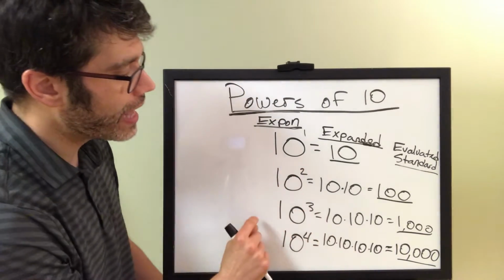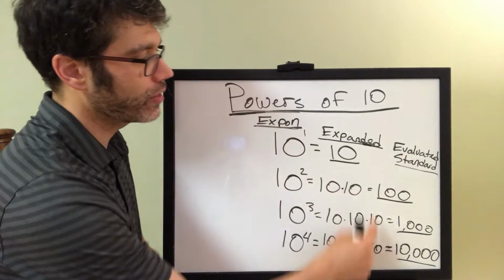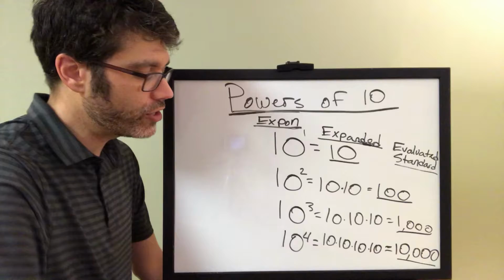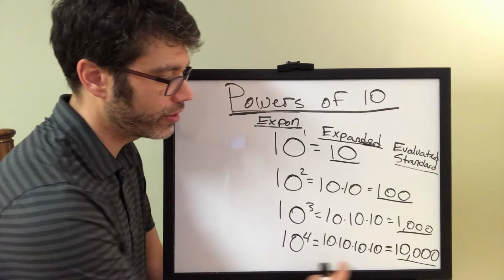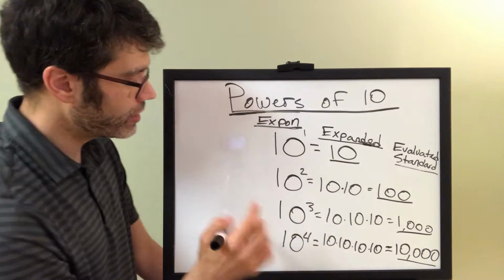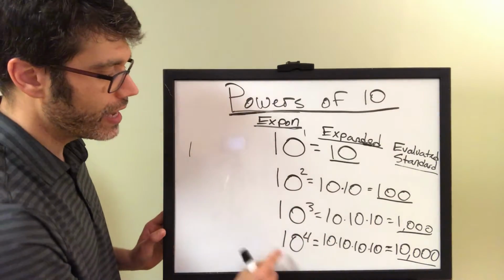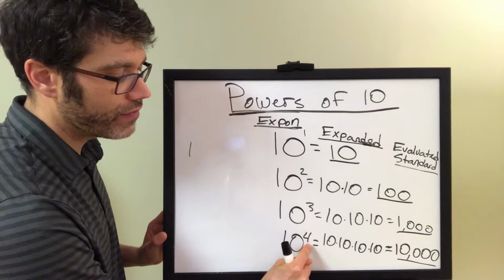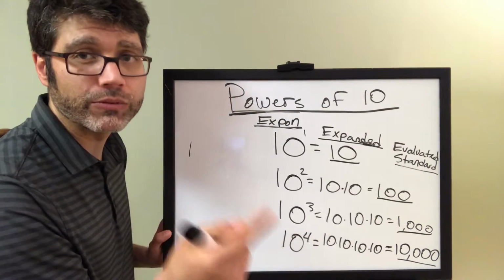Do you notice something? If you wanted to do this quickly, skipping this expanded form column and going from 10 to the fourth to 10,000, what you just have to do to make it quick is put a 1 and then, whatever the value of the exponent is, write that many zeros.